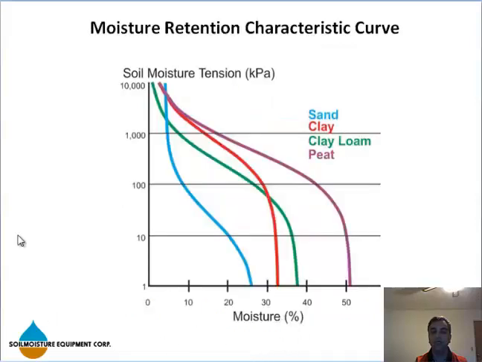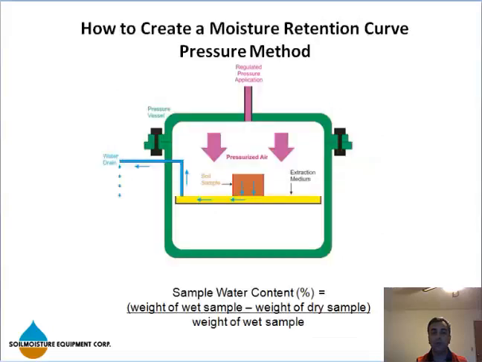Now you can go back to your curve and at 1 bar, okay, how much water did I have, 10% in the sandy soil, and that's 1 point of your curve. And you can keep going, 2 bar, 3, 4, and so on and so forth, and generate more points for your curve.